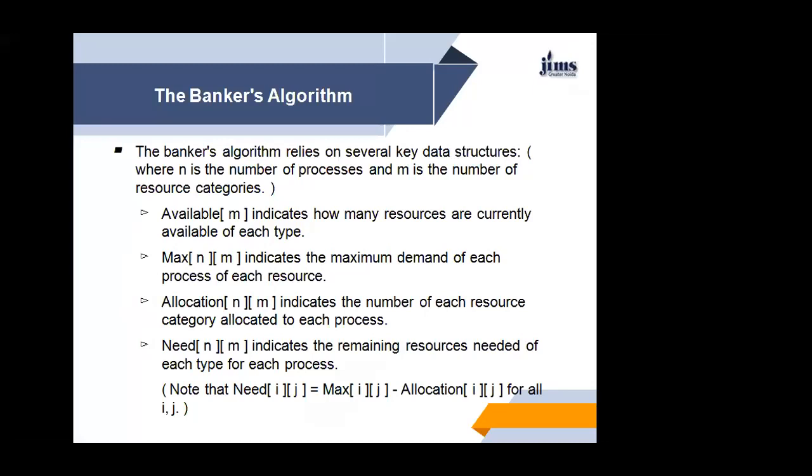Here you have to note one point: Need[i][j] equals Max[i][j] minus Allocation[i][j]. Whatever the maximum resources are, if we subtract the allocated resources, then the need can be identified.